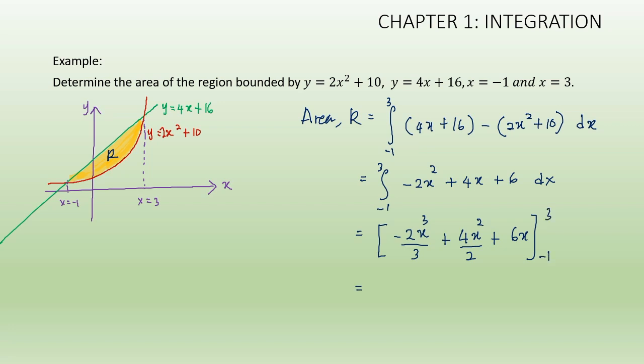Substituting 3 into the equation, we have 18, minus, substituting -1 into the equation, we have -10 over 3. So the final answer for the area is 64 over 3 units squared.